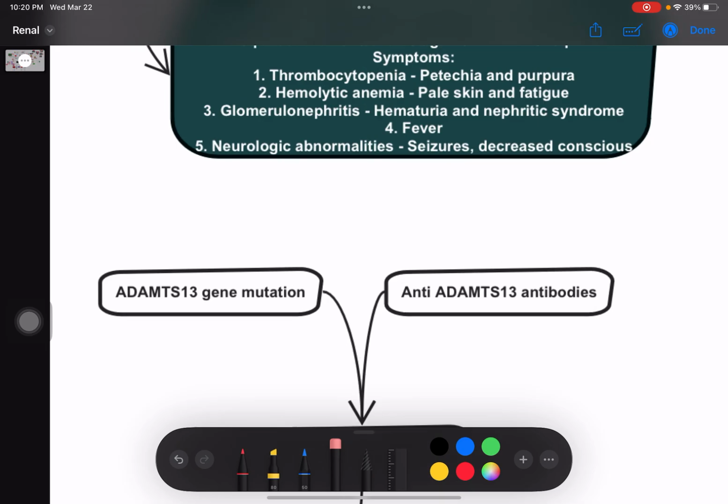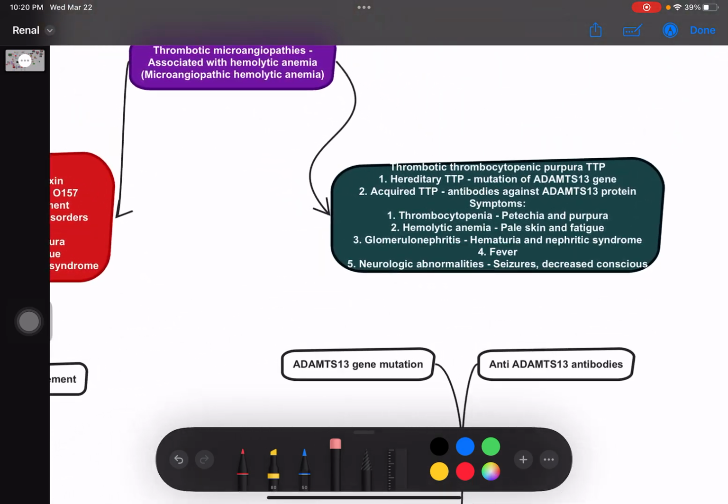syndrome will ensue. In the second case, there's a TTP, thrombotic thrombocytopenic purpura. In this case, the most common case is hereditary, which is mutation in the ADAMTS 13 gene.